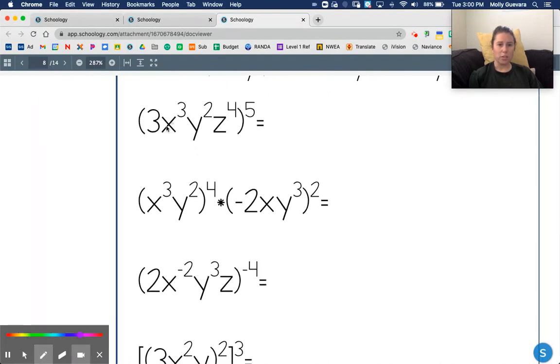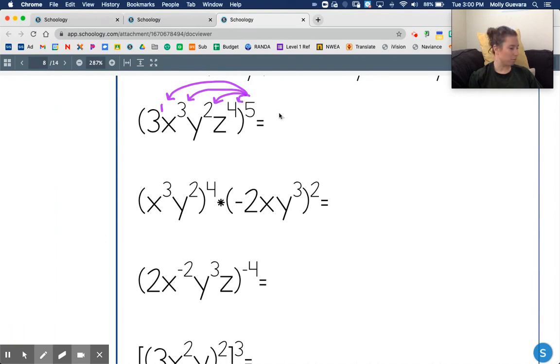Okay, so here again, the exponent on this 3 is a 1. So I have to make sure that I'm paying attention, right? So I distribute the 5 to every single piece of this problem. So this tells me I have 3 to the 1 times 5 is 5.